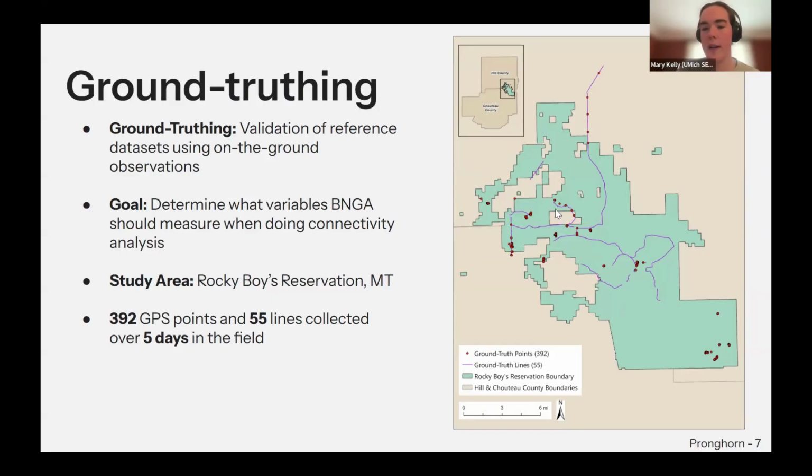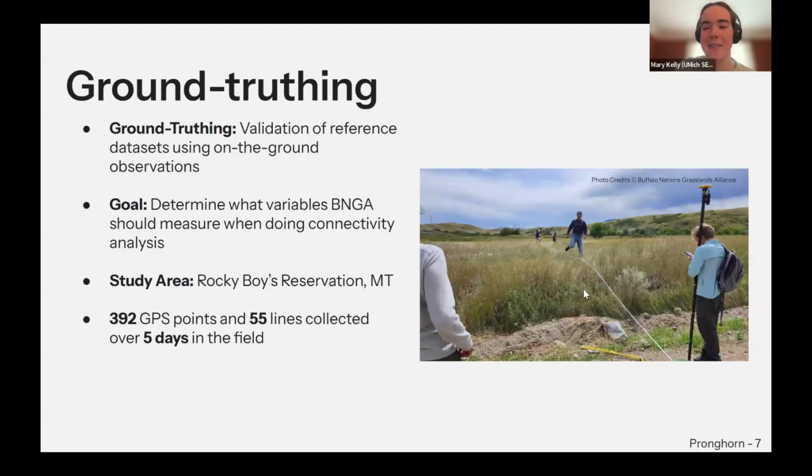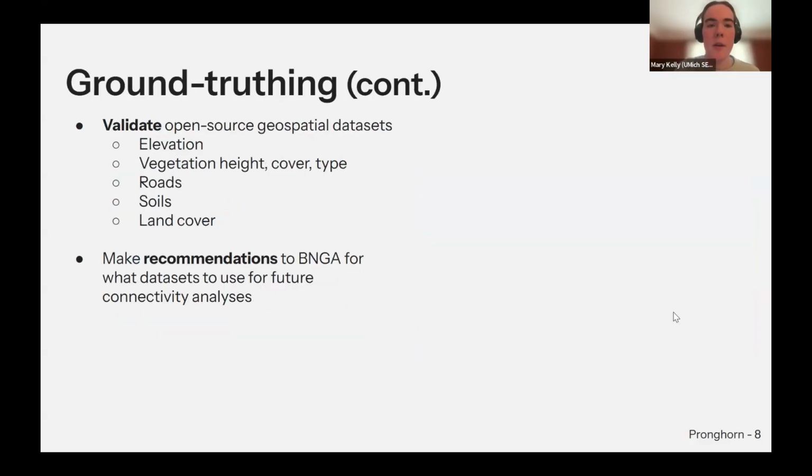And that was done over 5 days in the field. So we took all of those points and lines over about a week. And it looked kind of something like this, where we have a measuring tape and our GPS units and our phones, and we're just sort of taking points every 10 meters.